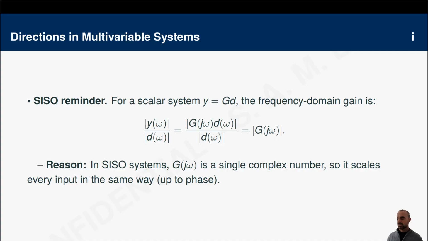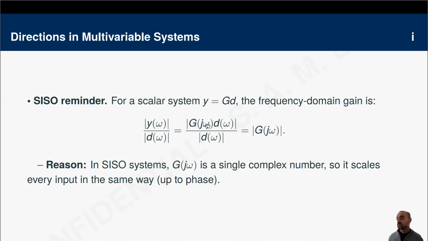Let's continue our discussion about directions in multivariable systems. For a scalar system, as you know, y is equal to G d, the frequency domain gain is the absolute value of y(jω) over d(jω).